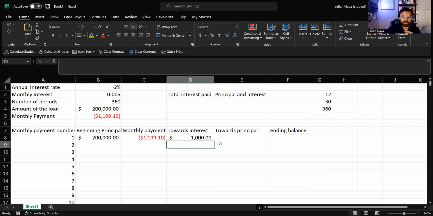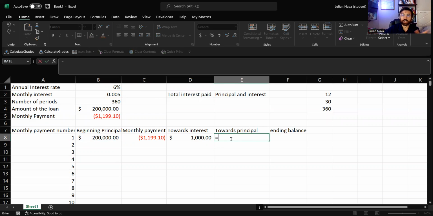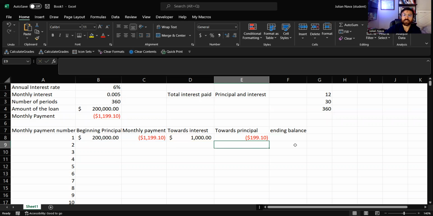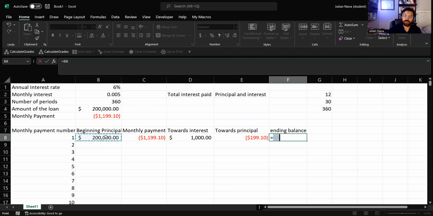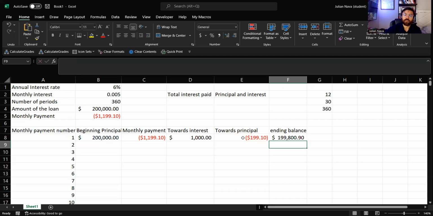So now to calculate how much is going towards the principal on the first month's payment, you're going to add your payment plus the amount that's going towards interest, which means that on the first month of the life of the loan, you only paid $199.10 towards your principal because $1,000 of your first month's payment went towards interest.